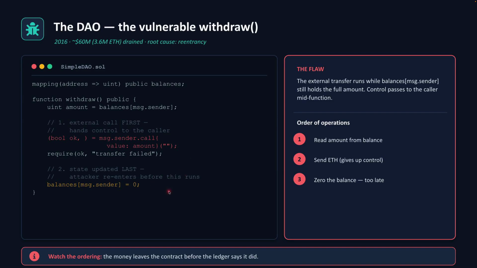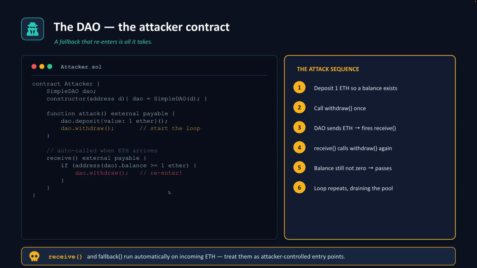Now let us have a look at the attacking contract. Here we have an attacker contract. It has an attack function. From within the attack function, first it calls DAO.deposit. This is necessary to bypass the require statement check in the withdraw function.